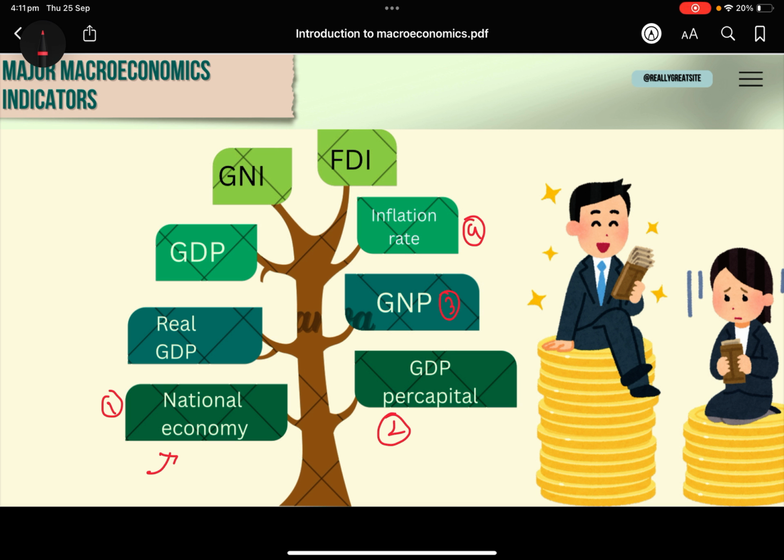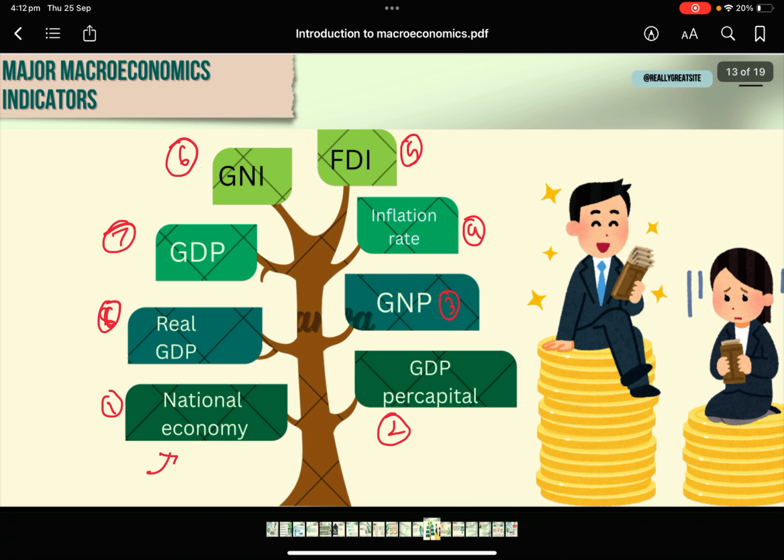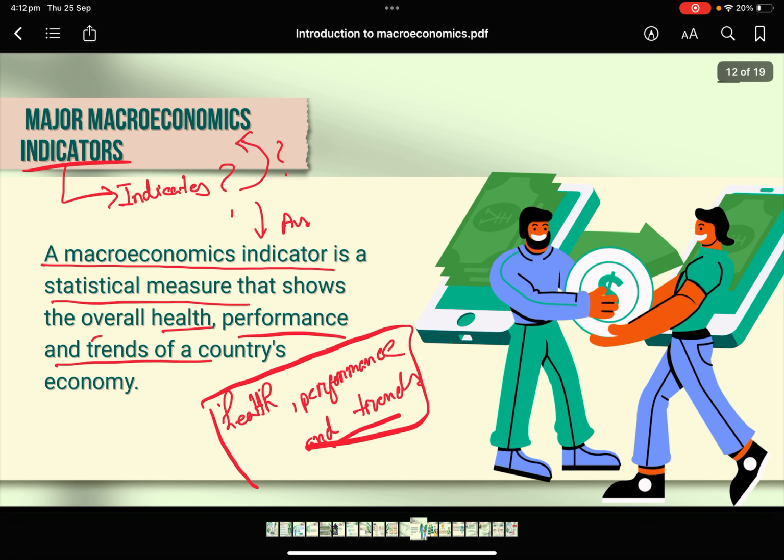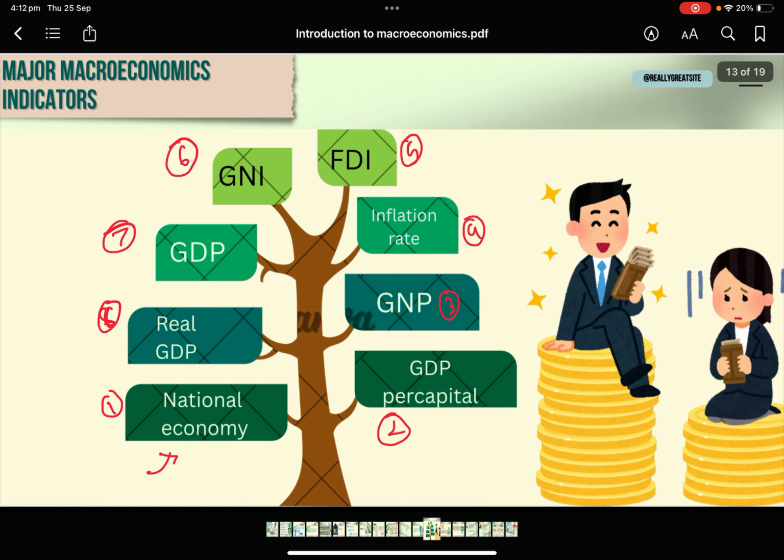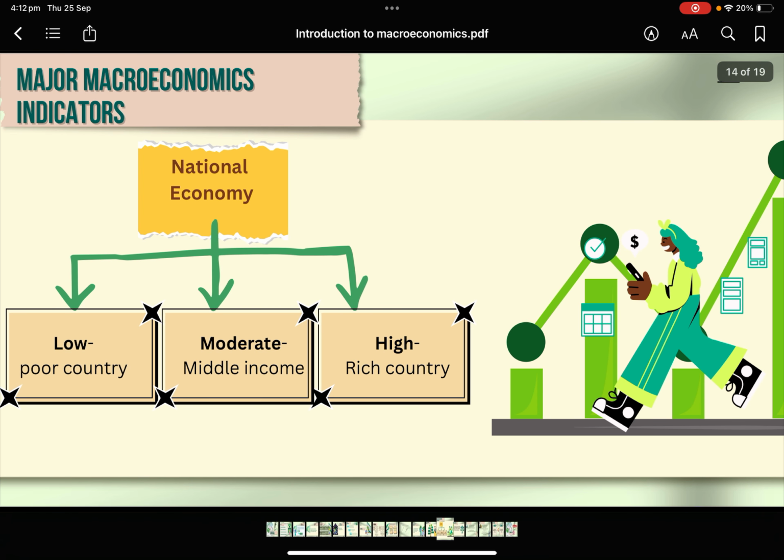The fourth is inflation rate. The fifth is FDI, which means foreign direct investment. The sixth is GNI, which means gross national income. The seventh is GDP, and the last is real GDP. This is the eighth, right? So these are the points that indicate the health, performance, and trends of our economy.